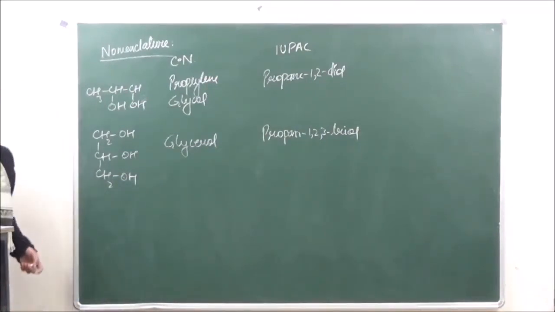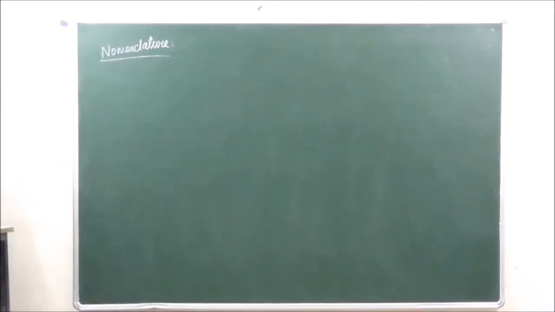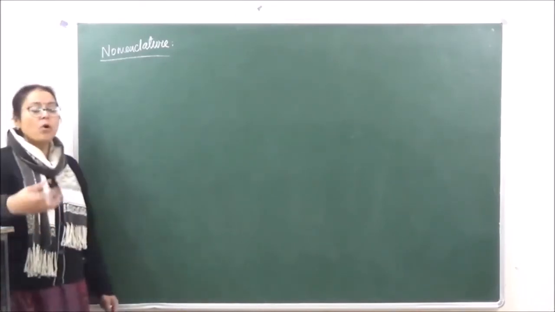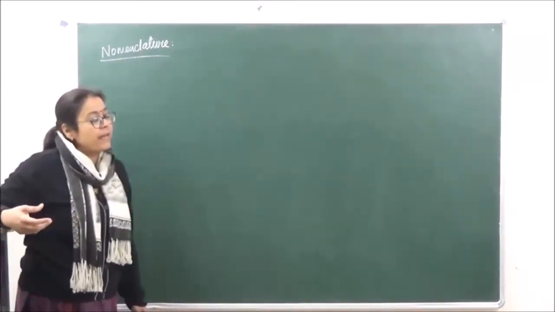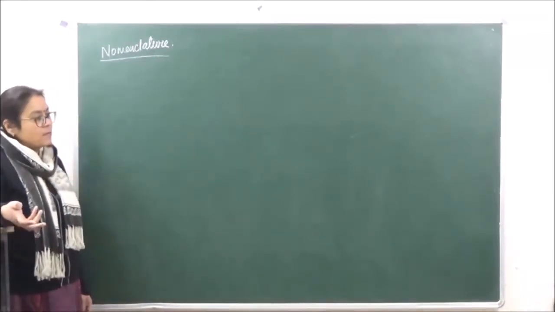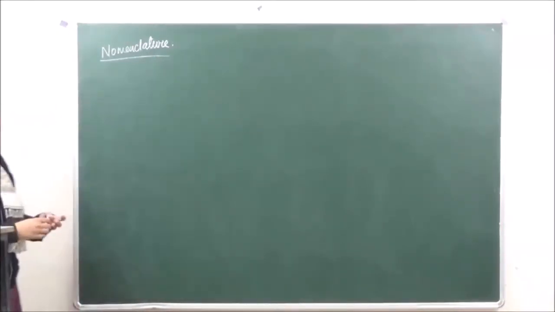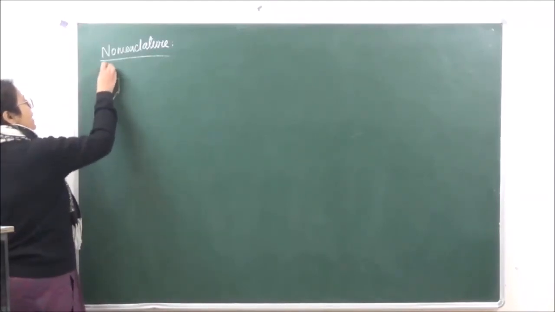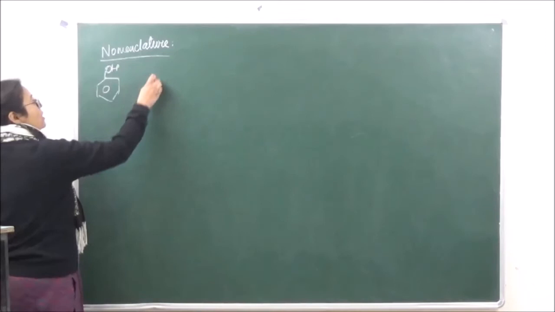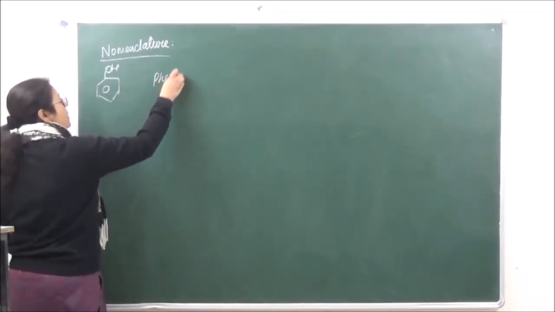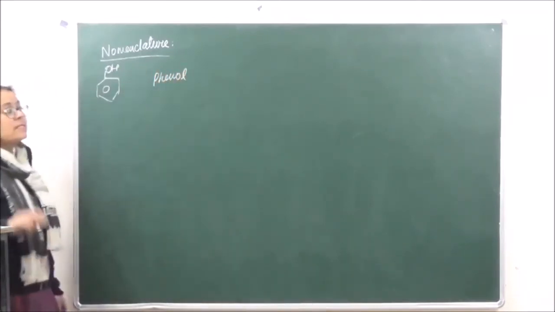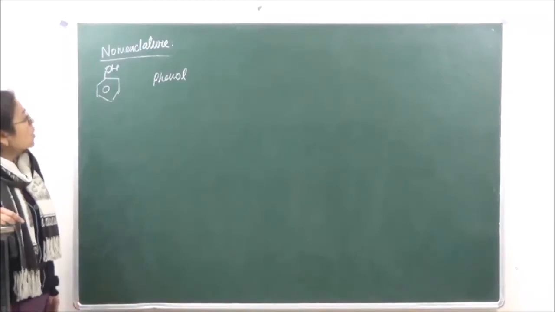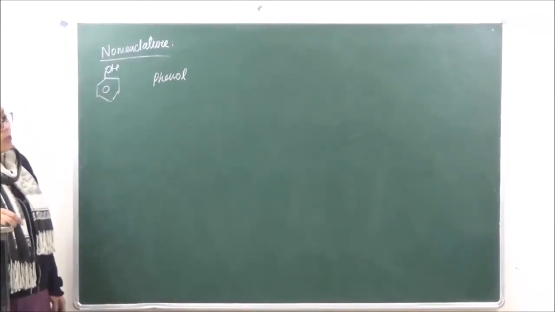When we are talking of nomenclature of phenols, the aromatic compounds, they are more commonly remembered by their common names rather than the IUPAC names, right? So we are talking of the simplest compound which we have, OH. This is phenol. This may also be known as hydroxybenzene, but more commonly this is known as phenol, right?